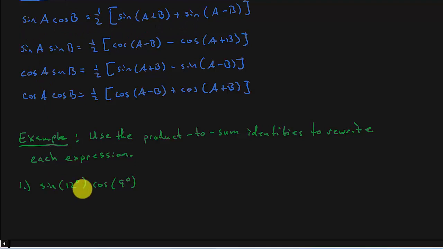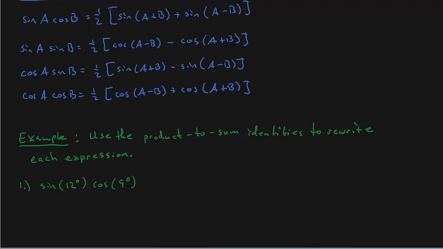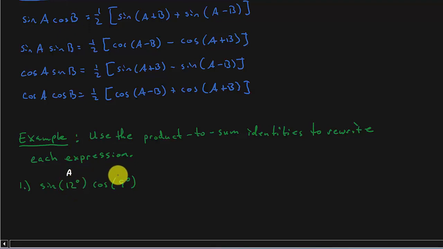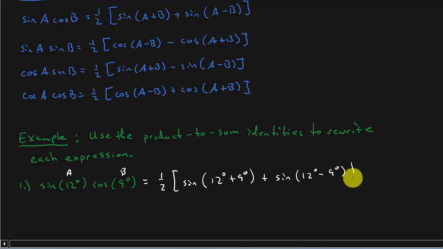See, we got sine A, cosine B. So in this case, A is 12 and B is 9. And so this is going to equal 1/2 sine A plus B, so that's 12 plus 9, plus sine 12 minus 9.